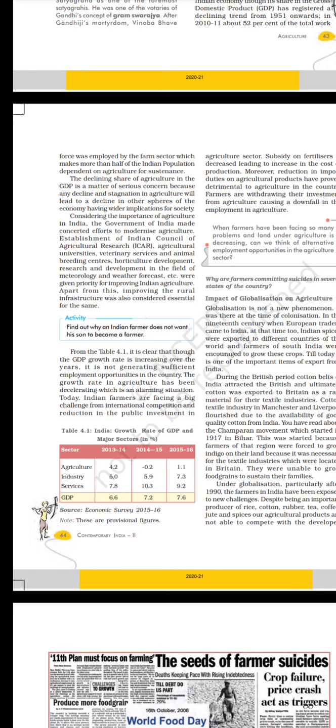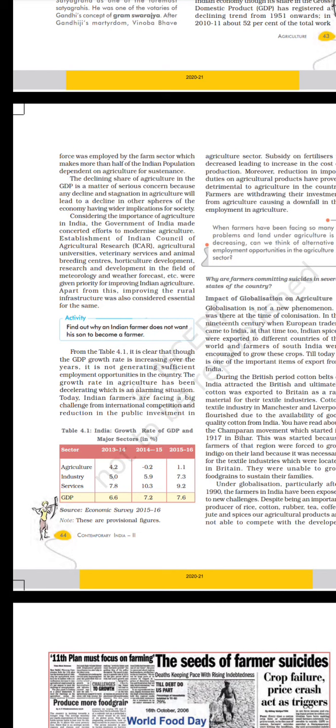The declining share of agriculture in the GDP is a matter of serious concern because any decline and stagnation in agriculture will lead to a decline in other spheres of the economy, having wider implications for society. Considering the importance of agriculture in India, the Government of India made concerted efforts to modernize agriculture.